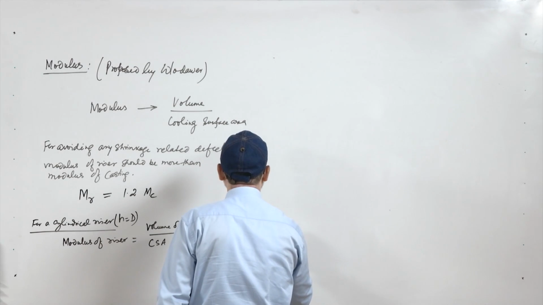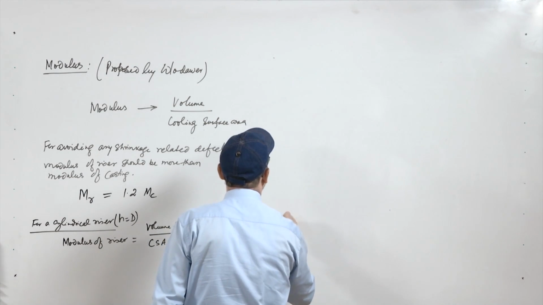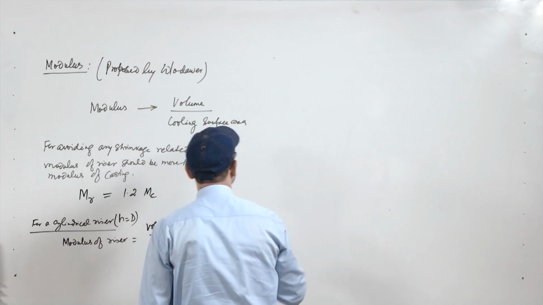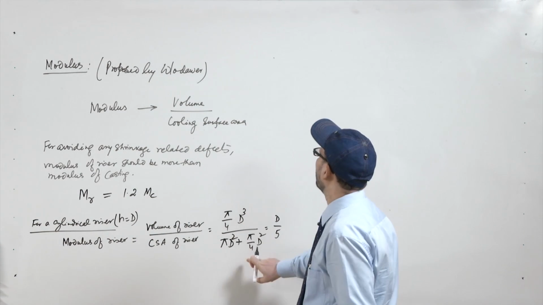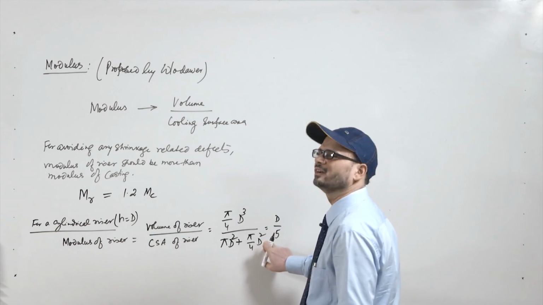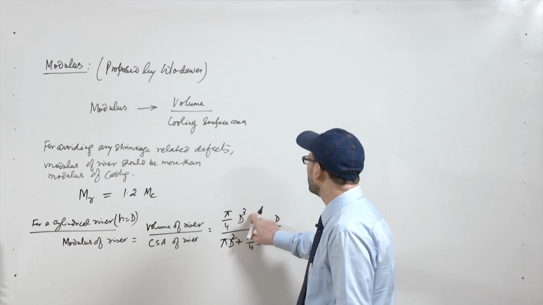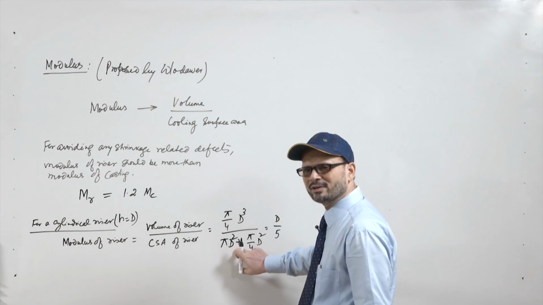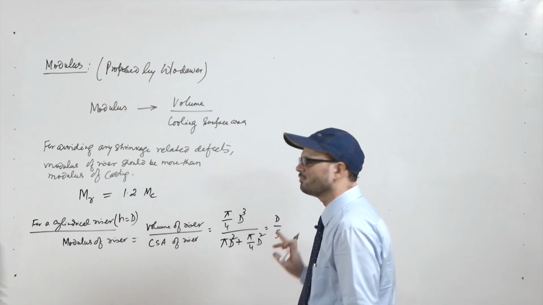So, it will be pi by 4 d cube upon 5 pi by 4 d square. So, this d will remain here and 5 will remain here. So, d upon 5.